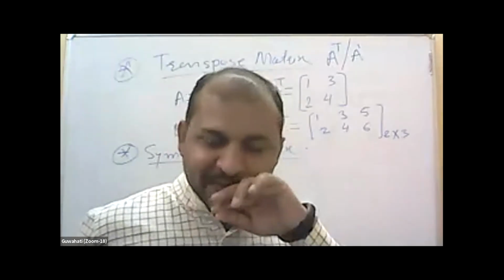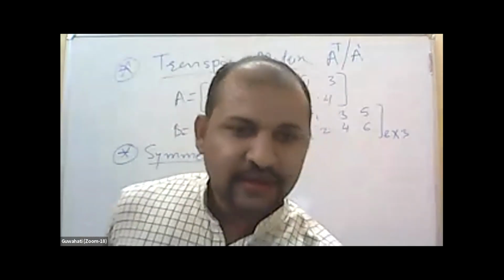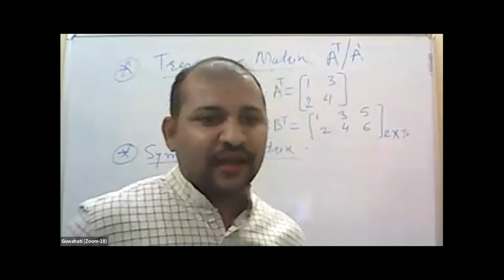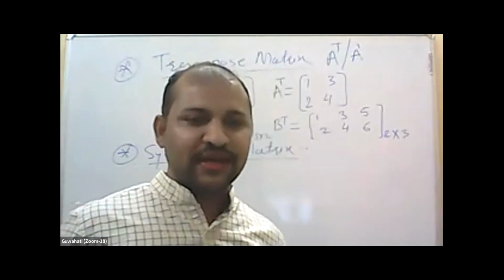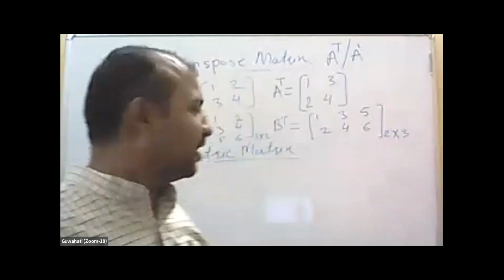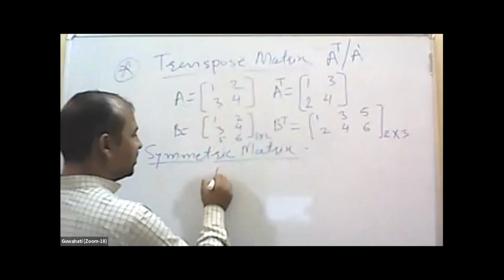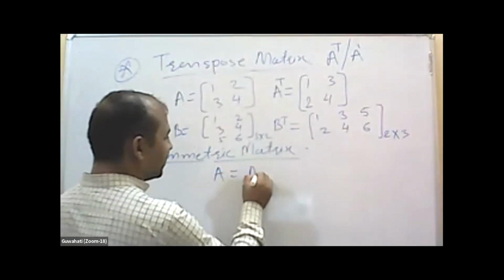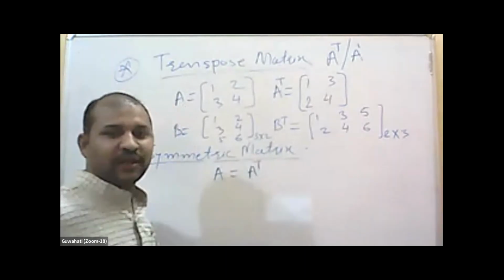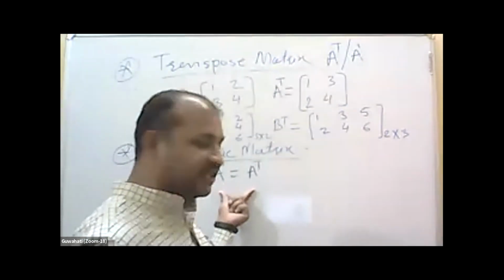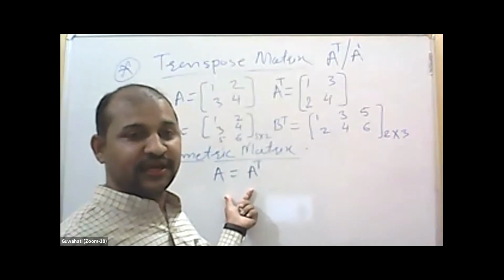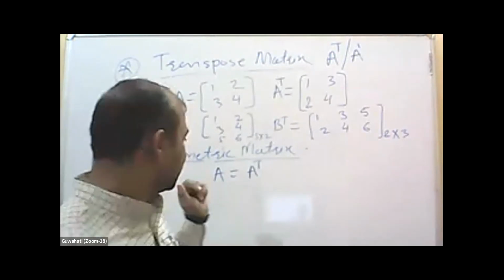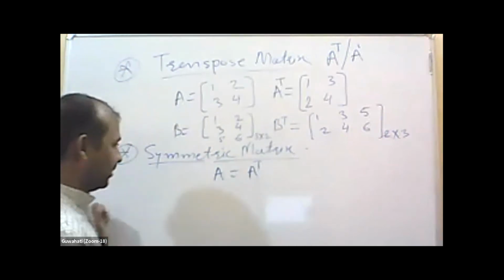So if a matrix and its transpose are the same, then we call it a symmetric matrix. Means A is equal to A transpose. If this condition is satisfied, then that particular matrix we call a symmetric matrix.